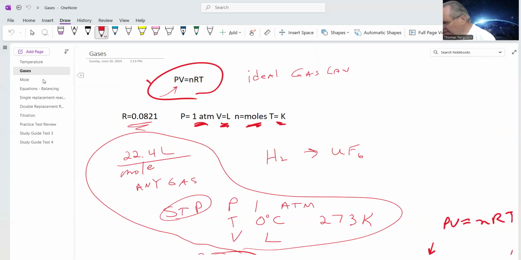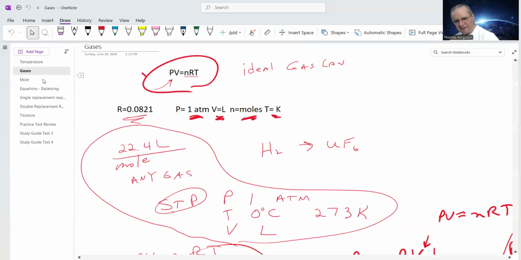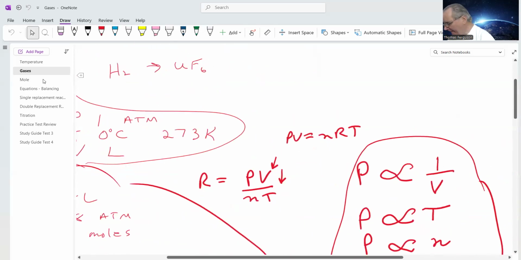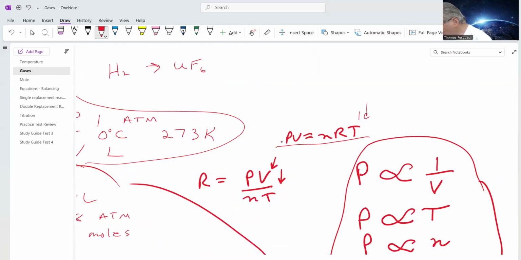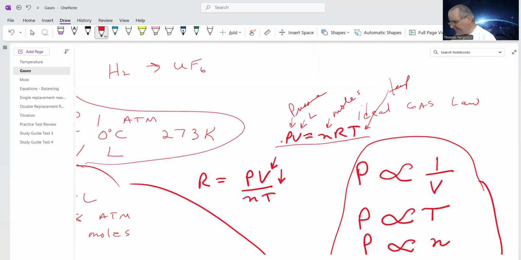Okay, so there are two types of problems we're going to be working with in terms of gas laws. We're going to be using the ideal gas law, which is this here. So there's pressure, liters, moles, temperature.